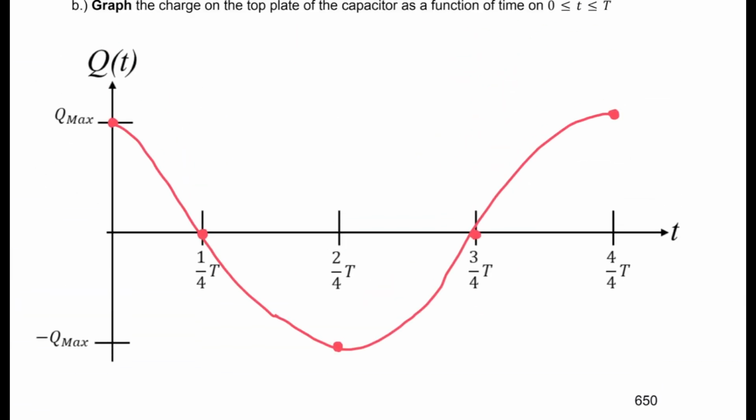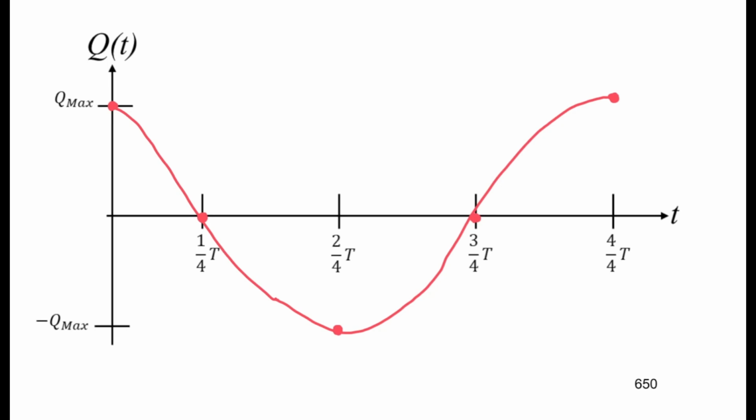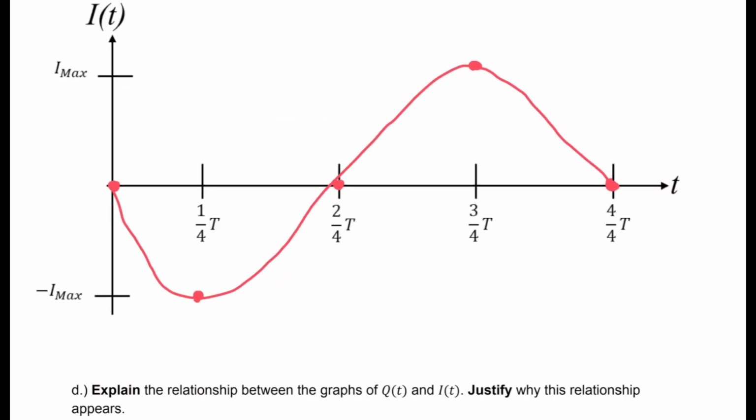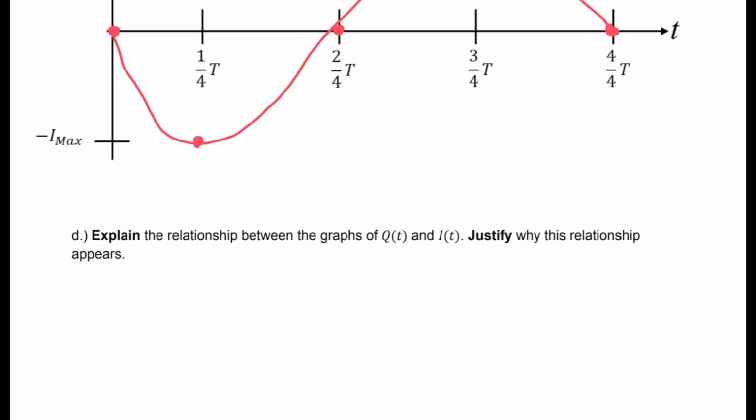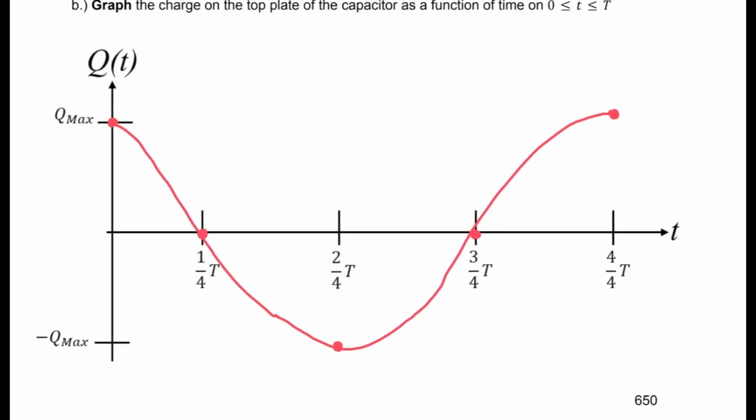There's an alternate way of doing this graph that you may have noticed, where we find the relationship between the graph of Q of t and I of t. Notice that current is the rate of change of the charge through some cross-sectional area. So the slope of my Q graph should give my I graph. Let's see.